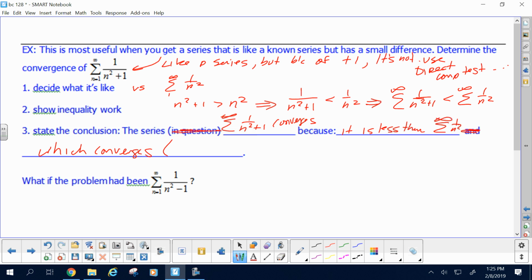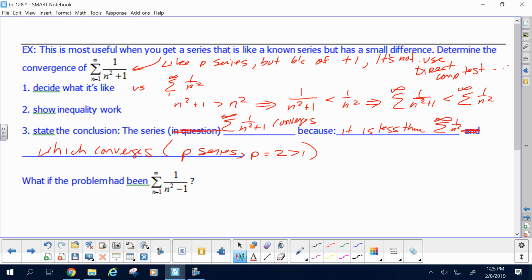Sorry, I need to give you a second to catch up. The series 1 over n squared plus 1 converges because it's less than the 1 over n squared series which converges. And why does it converge? P series, it's not geometric, it's P series. P equals 2, greater than 1. All right?